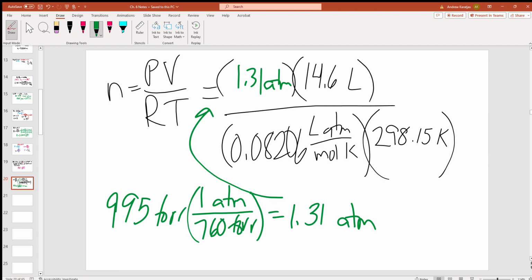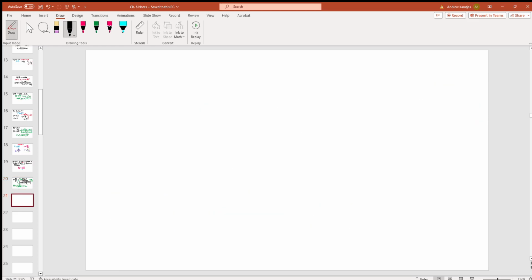All right, once we run through the math, we get that n is equal to 0.782 moles. All right, we're not done though, because the question asked for how many grams.